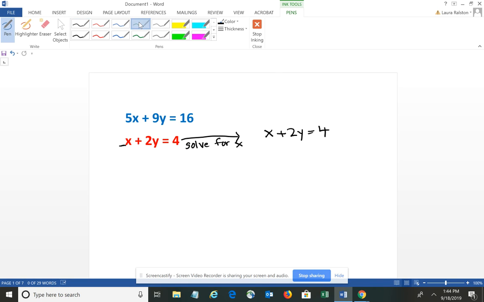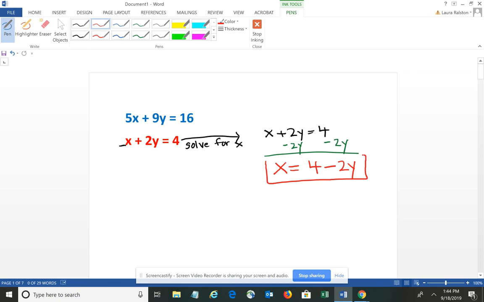I'm going to subtract 2y from either side, so that I have, in the same equation just solved for a variable, x equals 4 minus 2y. This is the result that I get when I solve for x in the second equation.